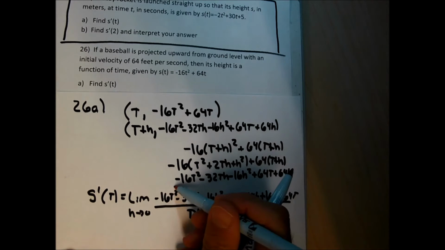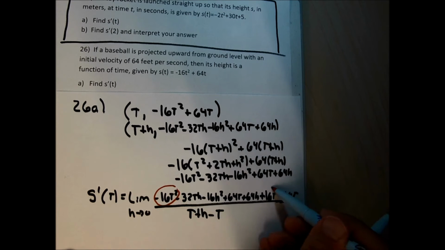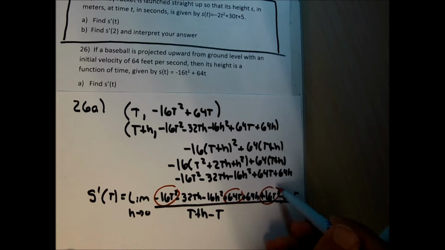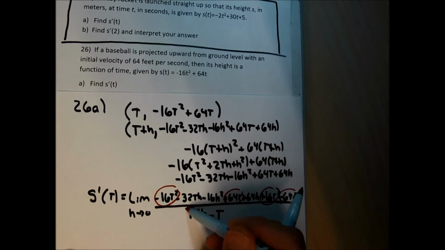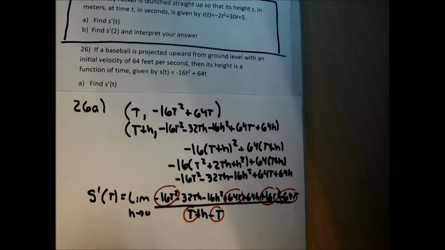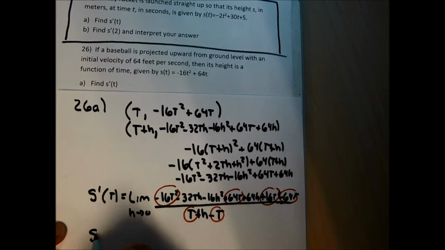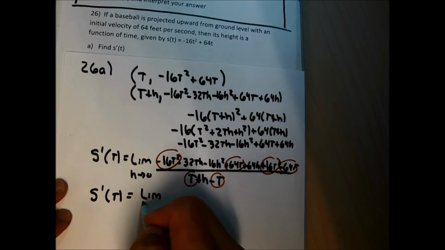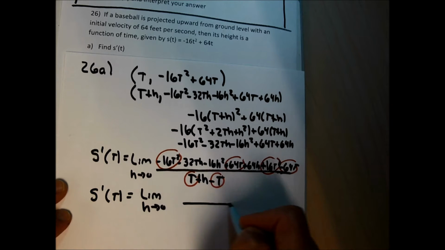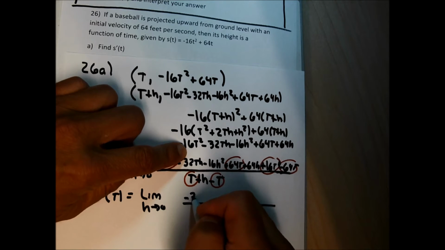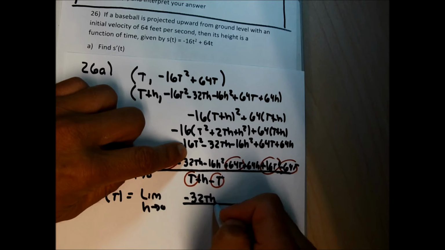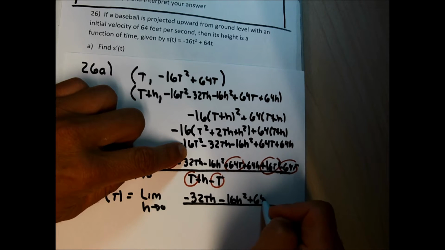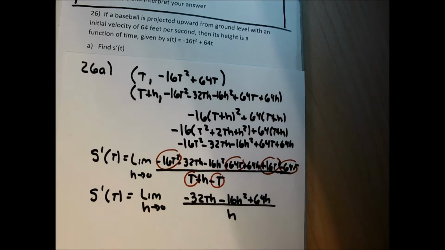Now in the numerator, the minus 16t squared and the plus 16t squared cancel. The plus 64t and the minus 64t cancel, and in the denominator the t's cancel. So I get s prime of t equals the limit as h goes to 0, and what's left in the numerator is minus 32th minus 16h squared plus 64h, all over h.